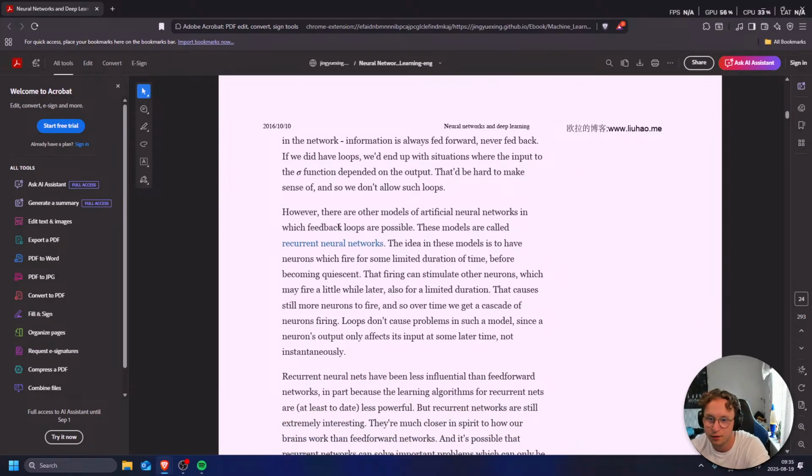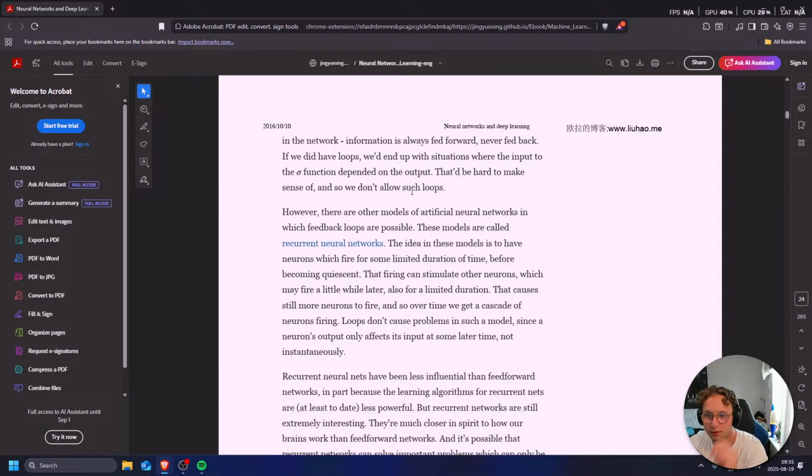However, there are other models of artificial neural networks in which feedback loops are possible, and these models are called recurrent neural networks. I guess this is a link or something.